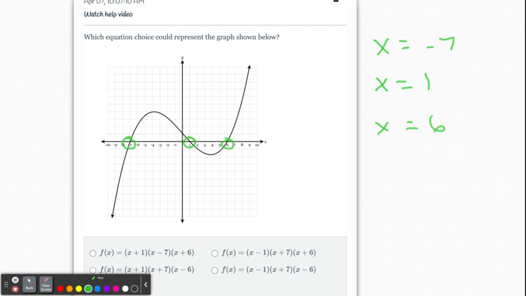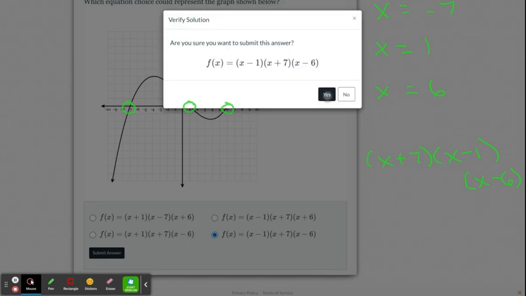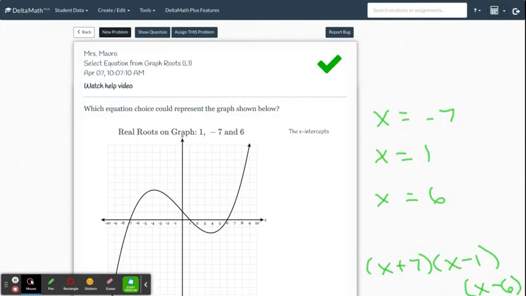Remember, zeros and factors are opposite signs. So that means I have factors of x plus 7, x minus 1, and x minus 6. So now your job is just to look and see which one matches. Plus 7, minus 1, minus 6. I believe it's that one. And that's it. That's all you do for that one.